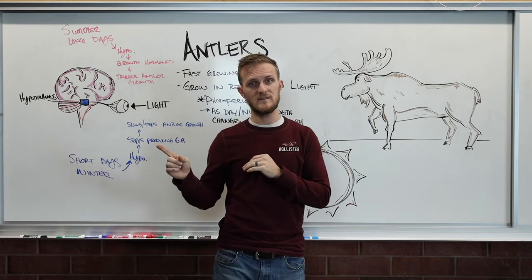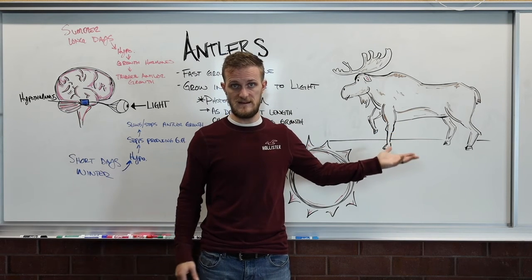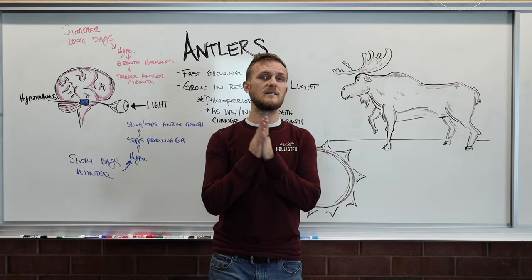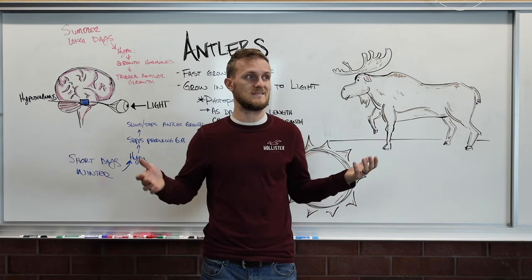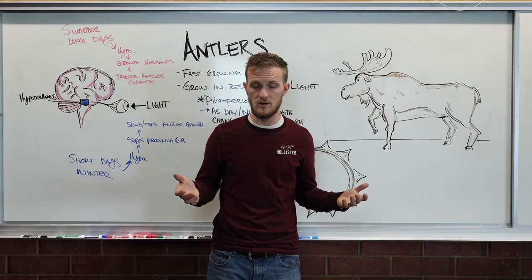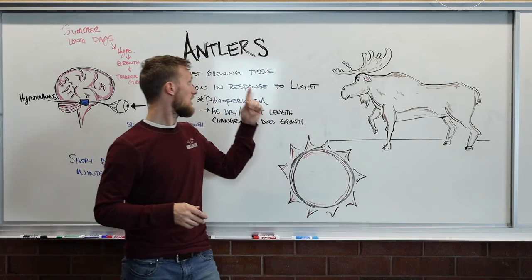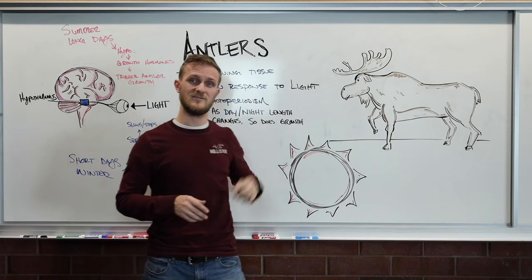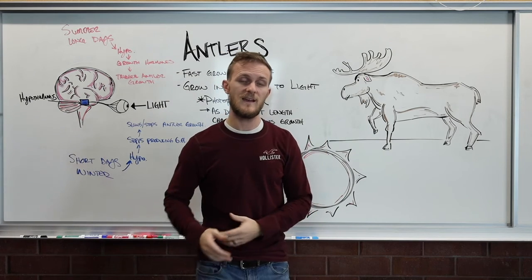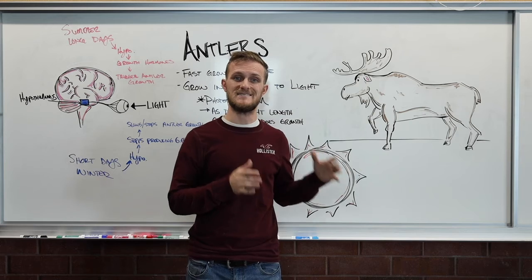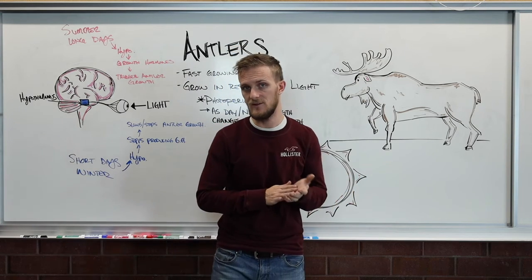And what that also means is that food for organisms like these that are plant eaters, herbivores, they aren't able to capture any food or collect food in the wintertime because it's not above the surface of the snow. So what they have evolved to be able to do is to put a ton of energy into growing antlers in the spring and summer when resources are available, and then shut that process down in the wintertime when there isn't as much food or resources available.